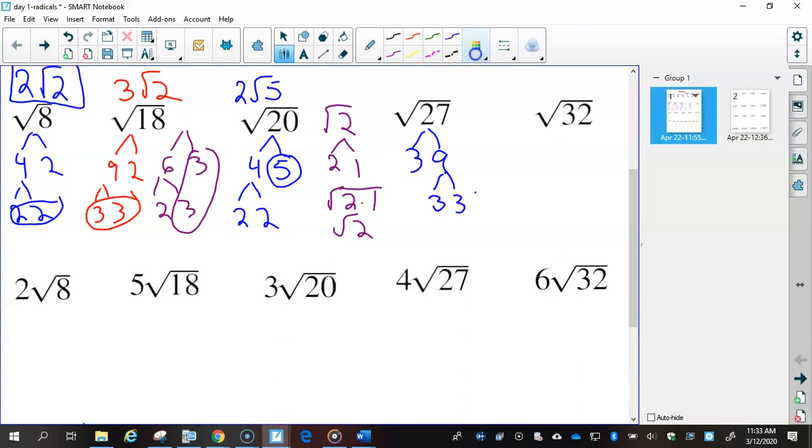Yes. It doesn't matter if I chose these 2 or these 2 since they're all 3s. The 3 would come out and you have one left in. Now, with 32 you have 8 and 4, you have 16 and 2. I was thinking there was another one, but it doesn't matter which ones you choose.